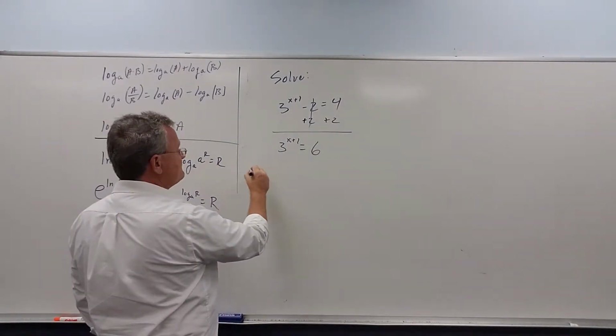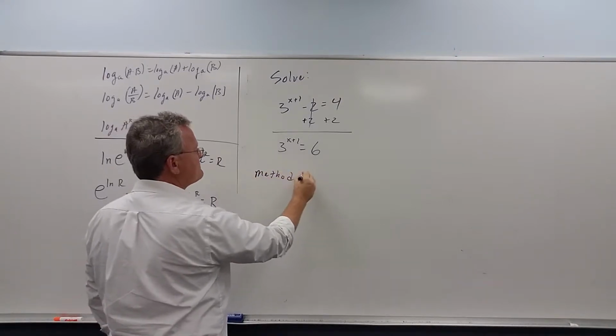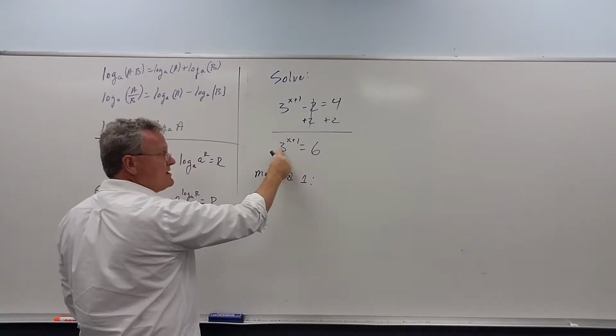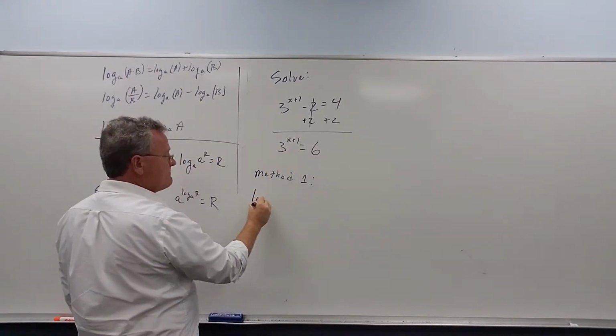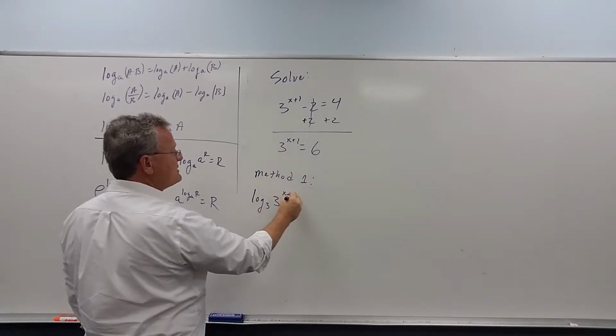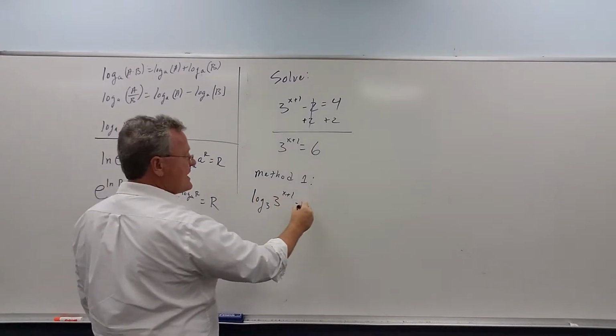So first, let me call this method 1. Because this is a 3, I'm going to take the log base 3 of both sides.